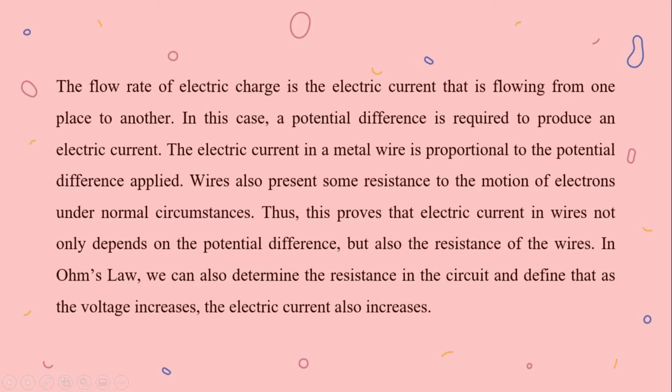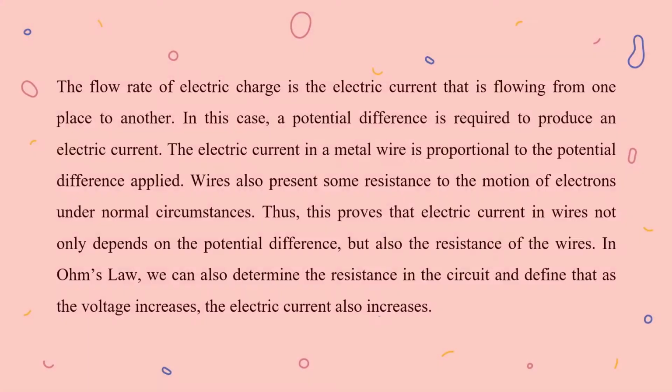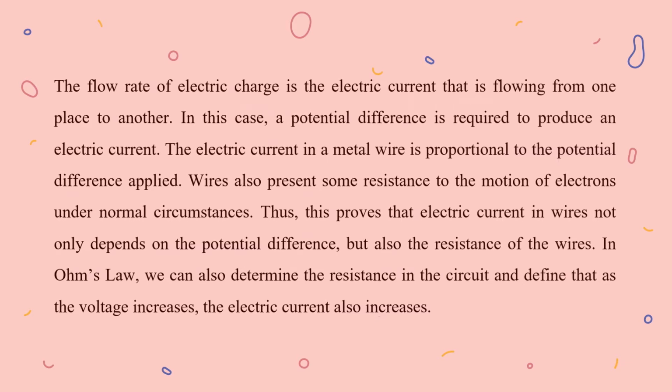Thus, electric current in wires not only depends on the potential difference, but also on the resistance of the wires. In Ohm's law, we can also determine the resistance in the circuit, and as the voltage increases, the electric current also increases.